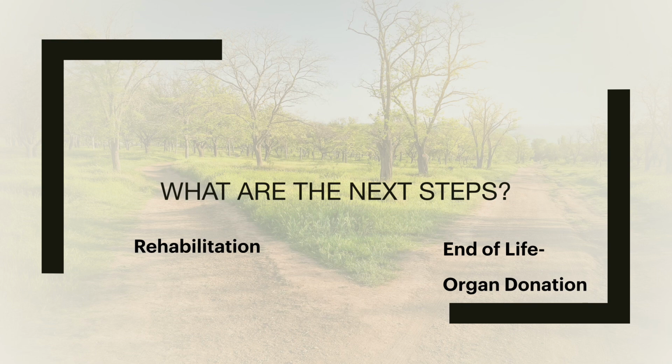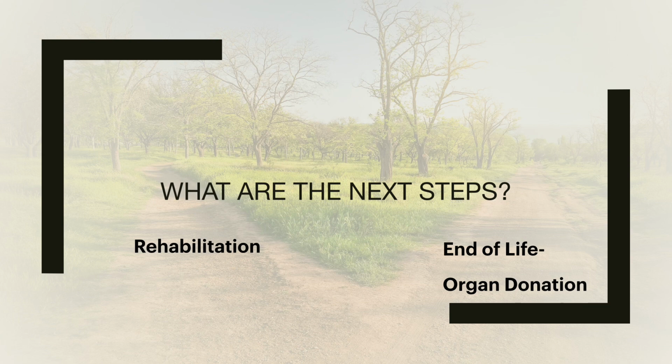What are the next steps? Rehabilitation, end of life, organ donation. So this is where we really have a split in the road. Rehabilitation is really intense for several of these patients, depending on the level of head trauma.